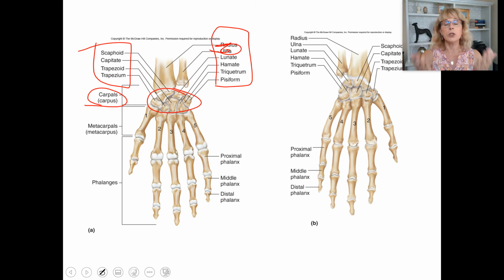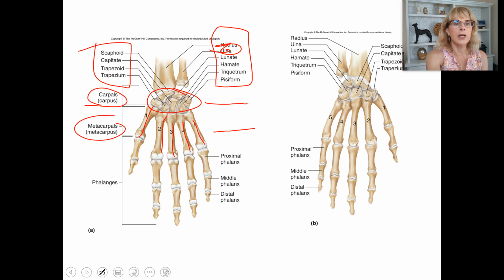Yay! But you do have to know that they are carpals. Also, you need to recognize that these guys are called the metacarpals. Carpals, metacarpals. The metacarpals make up your hand, okay? So metacarpal, metacarpal, metacarpal. This one on our thumb, this big one down here, metacarpal. They are numbered, starting with the thumb, 1, 2, 3, 4, 5.